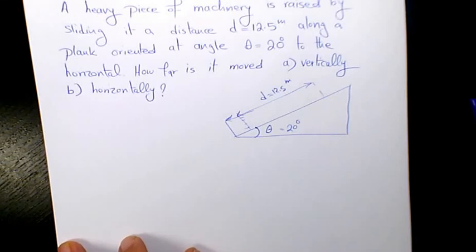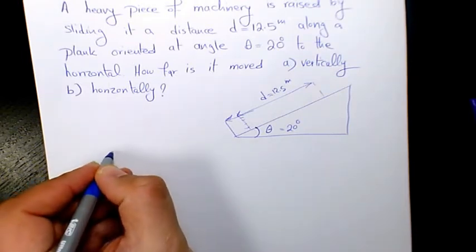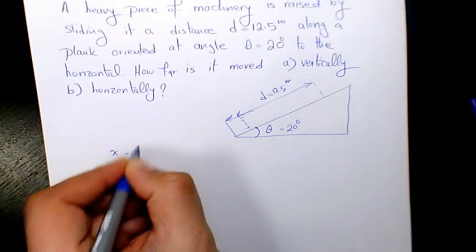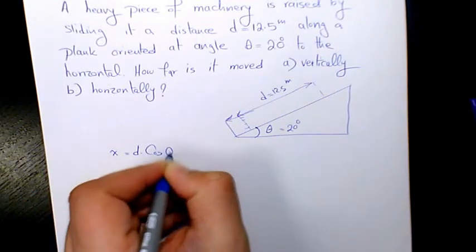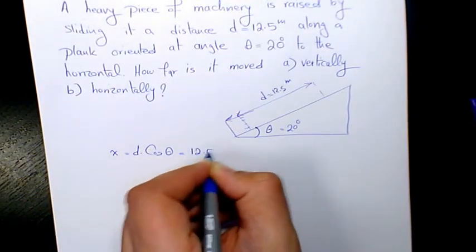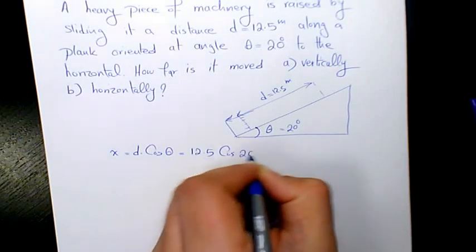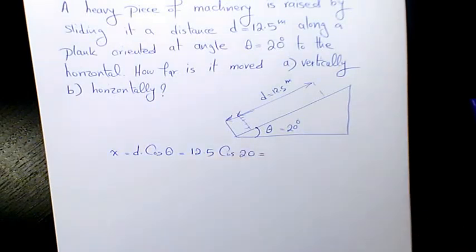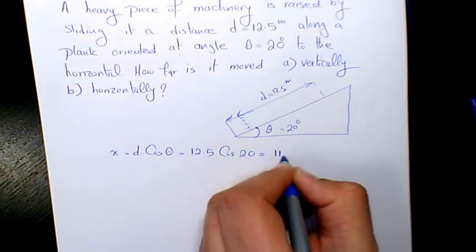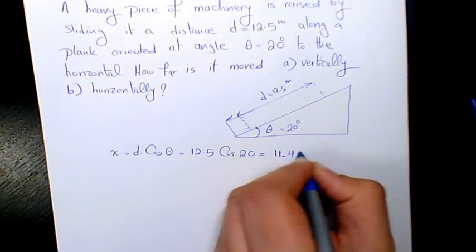So if you want to find out the horizontal distance, you need to have x equals d times cosine theta, which is 12.5 times cosine 20 degrees. That will make it 11.46 meters.